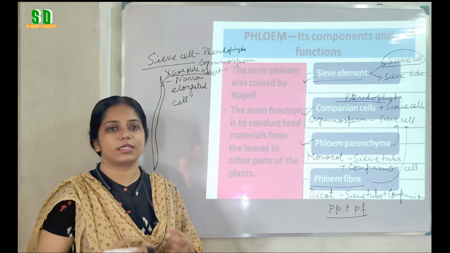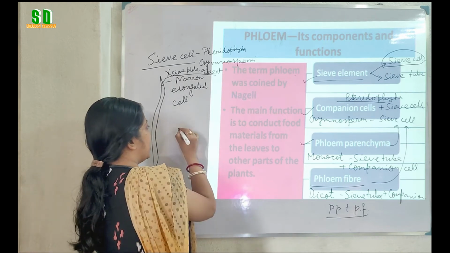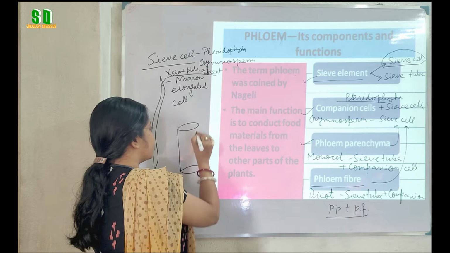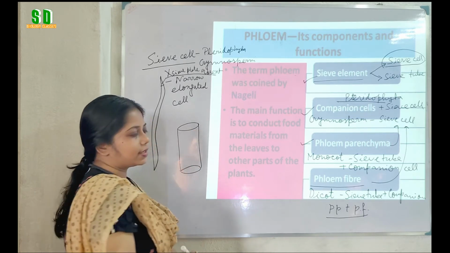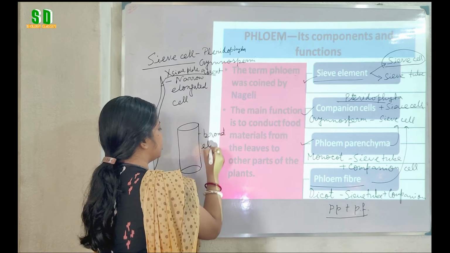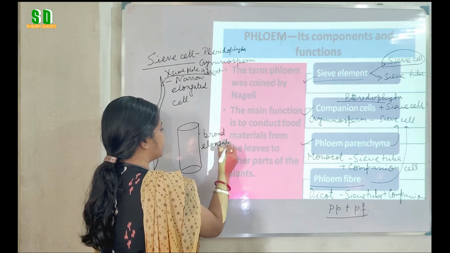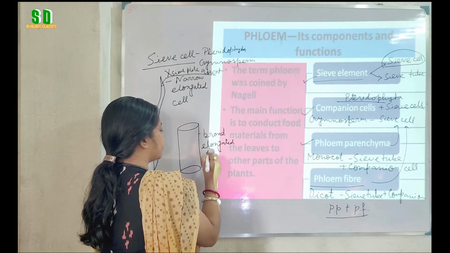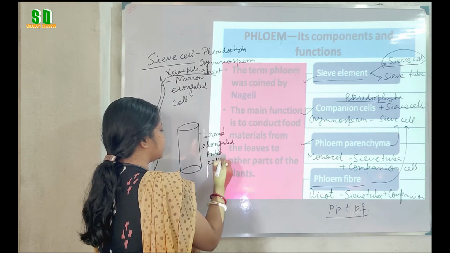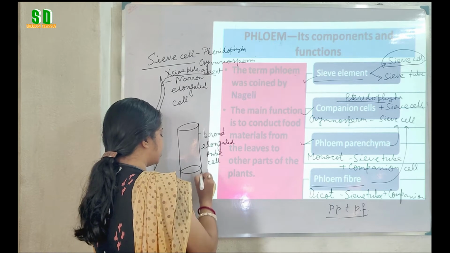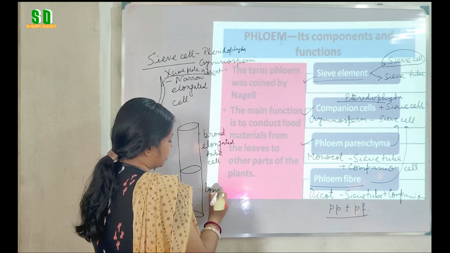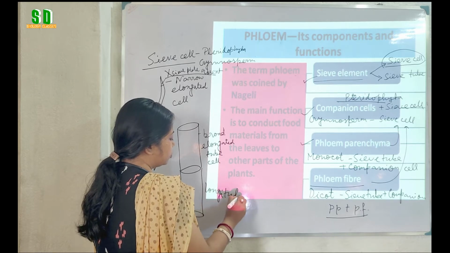But if we see the sieve tubes, they are broad, elongated, tube-like cells. They are arranged one after another in a longitudinal row.